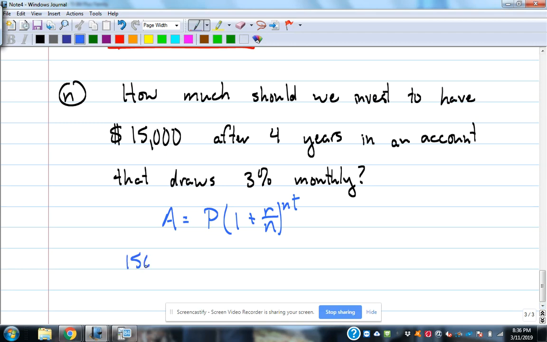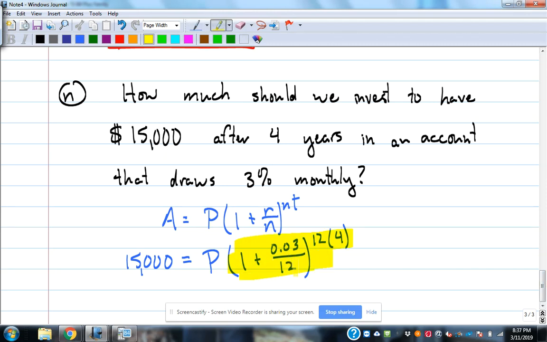So we plug in the $15,000 for the account worth. We don't know the principal amount, but we know everything else. We know the rate is 0.03. We know it's compounding how many times a year? 12 times a year. So that's 12 times 4 years out of that. What is this stuff here?